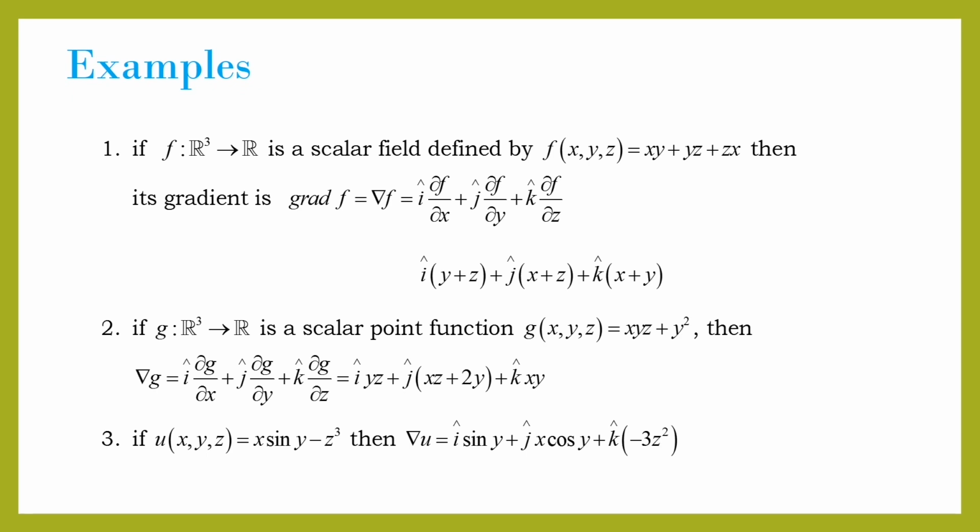Now substitute the partial derivatives of u here in this formula. Then we get gradient of u equals i cap sin y plus j cap x cos y plus k cap times minus 3z square.